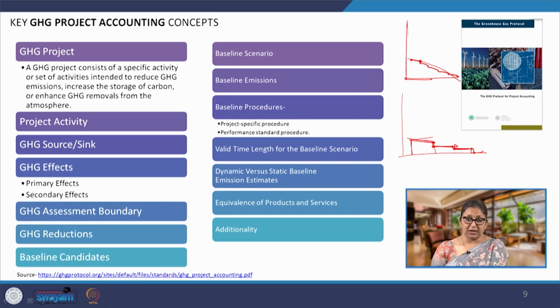So, we can pick those up for different products and services. And finally, additionality, where we should be able to add on activities and continue with our GHG calculations.